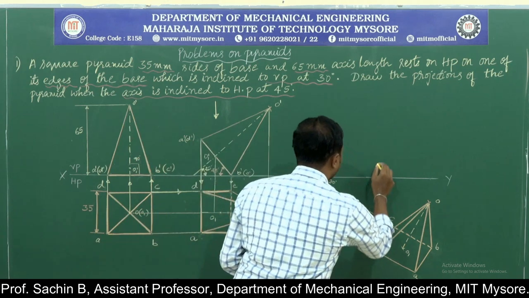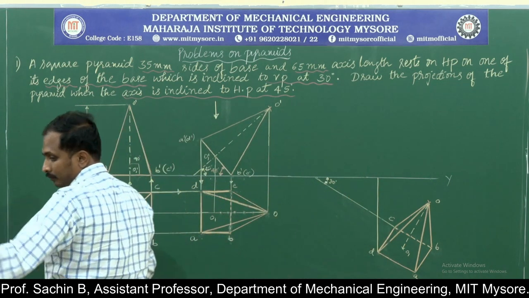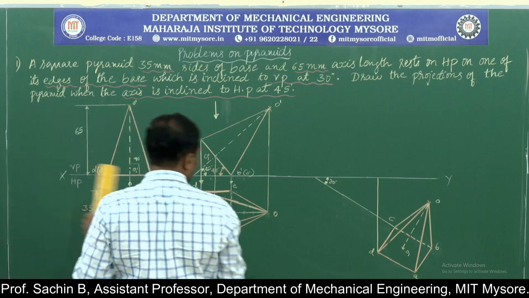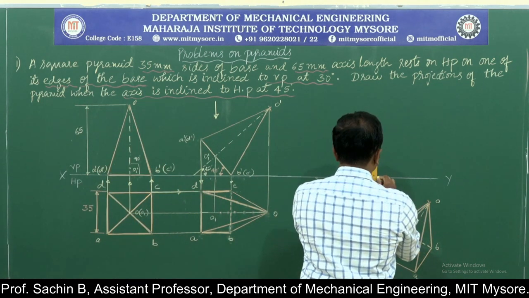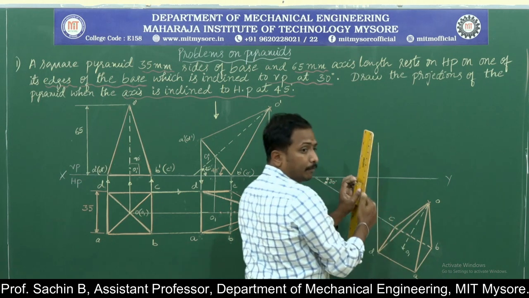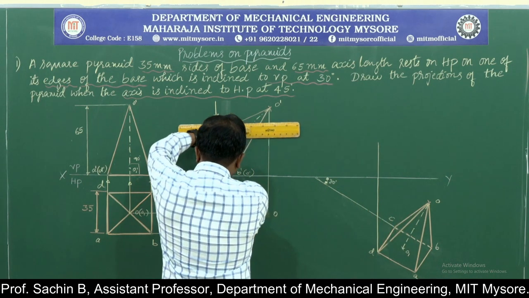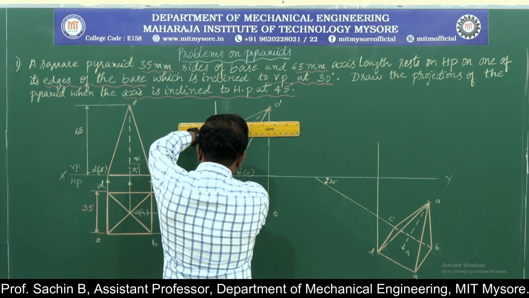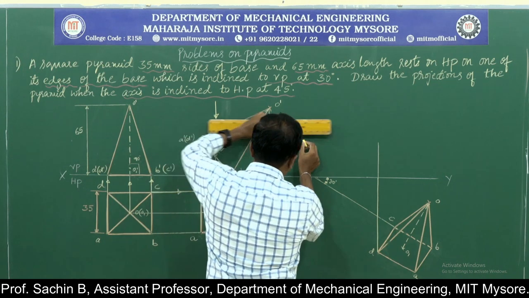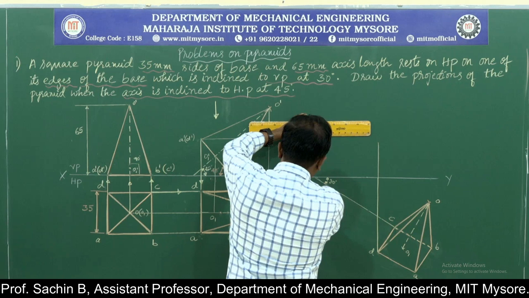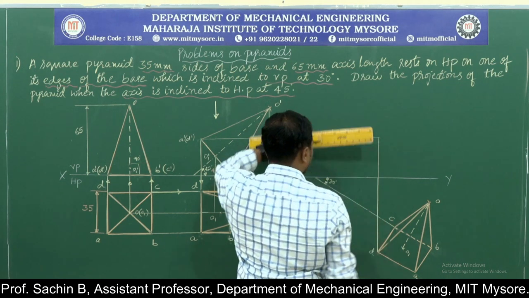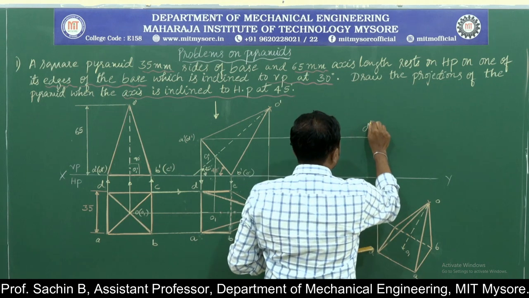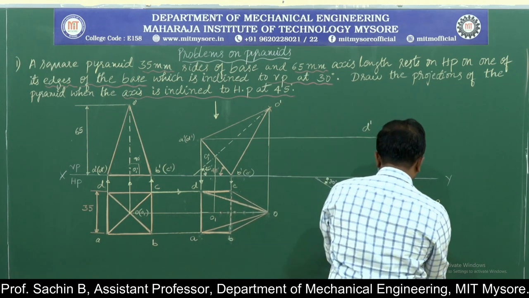Now I am drawing the line from D point. I will extend this line where it will meet the D point. Okay, this I will call D dash. Next I will come to C point.